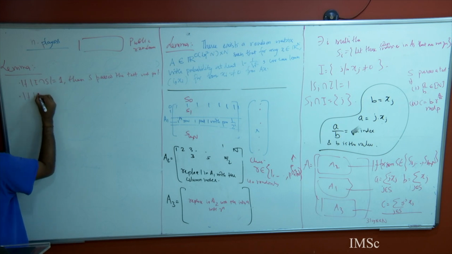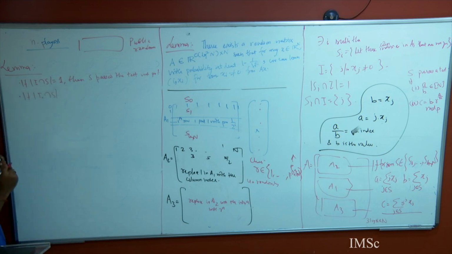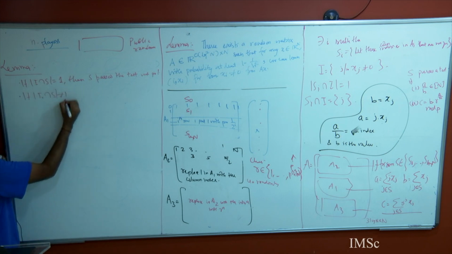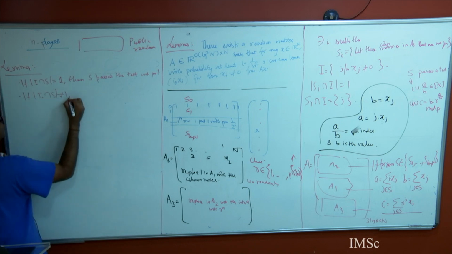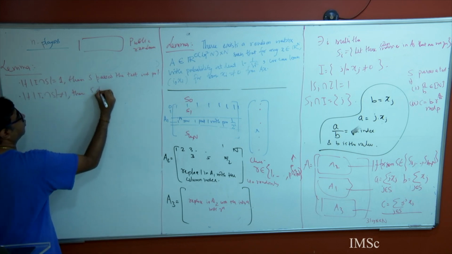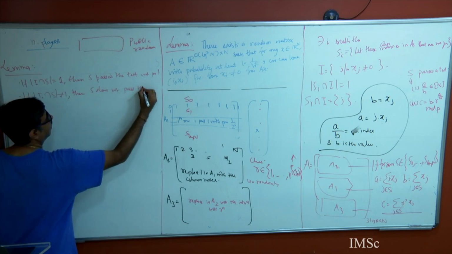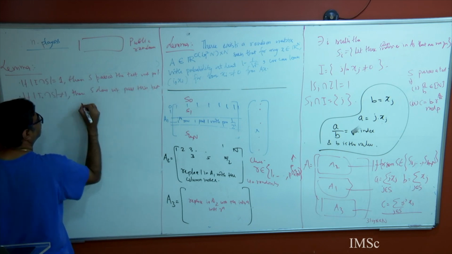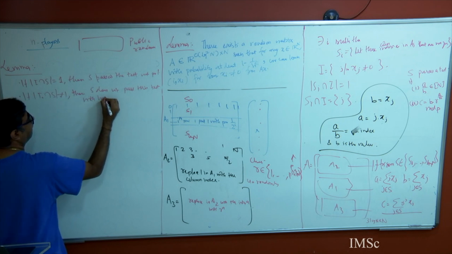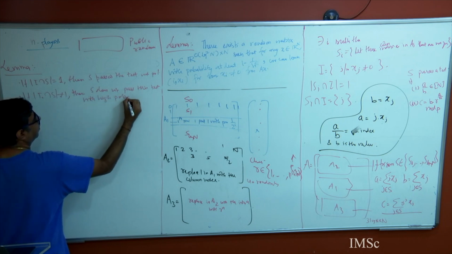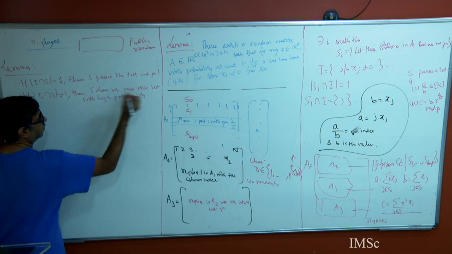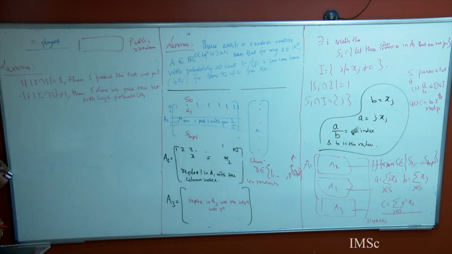Secondly, if I intersection S is not equal to 1, then S does not pass this test with high probability.